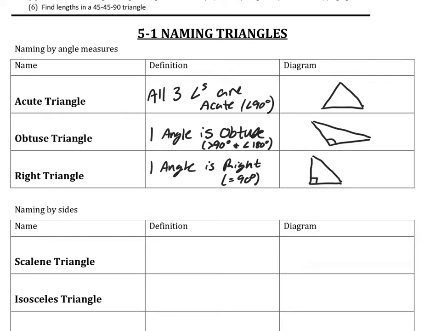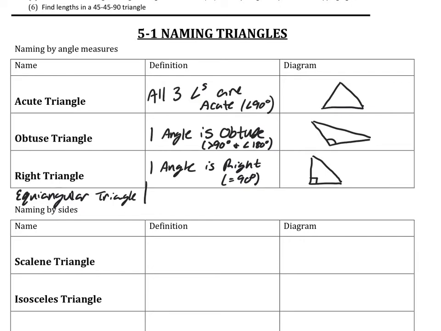We're going to add one in here though that we don't normally talk about, but it is pretty important. We're just going to add this at the bottom. This is an equiangular triangle.